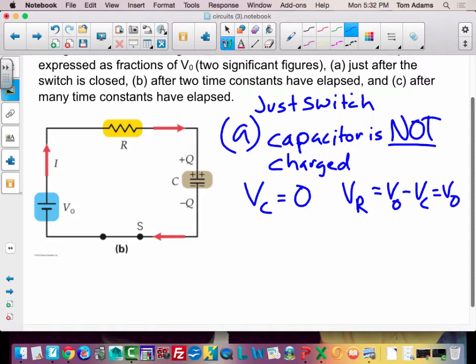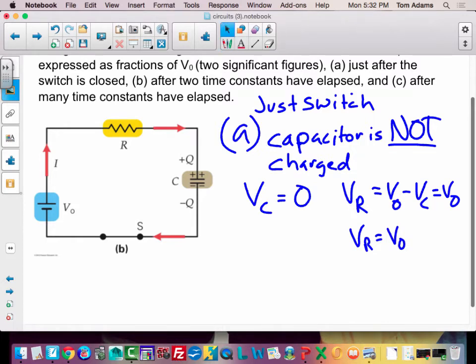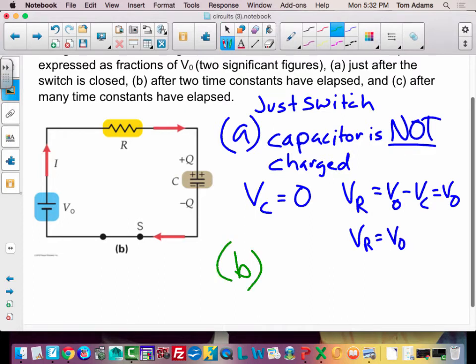So it's like a delta V. And so then it's just going to be whatever the original is at that particular point in time, because it hasn't been charged. So now for part B, it says after two time constants. And so for that one, let me write this down, 2 time constants.